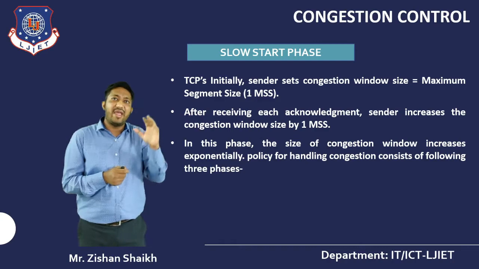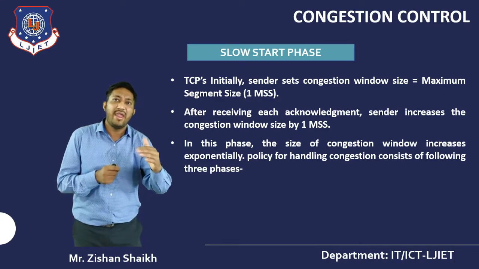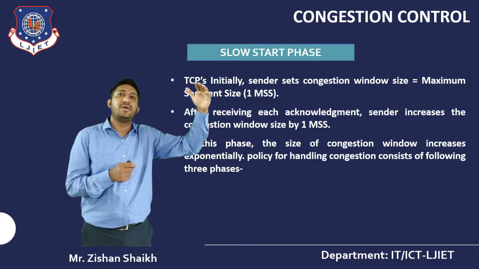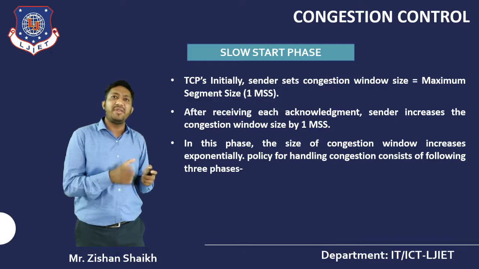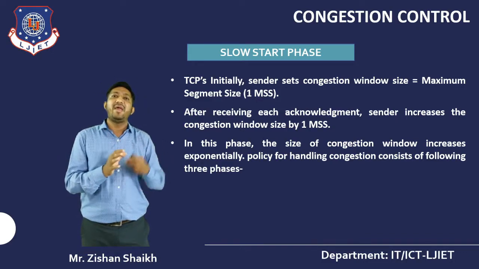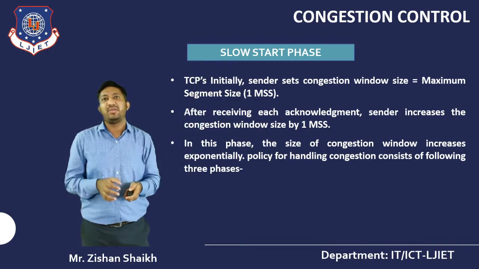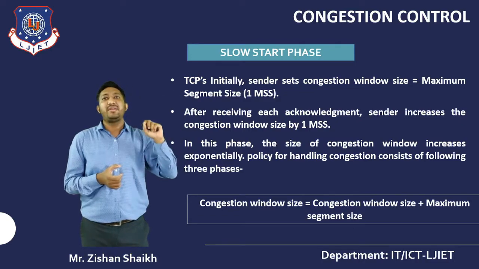Slow start, as the name says, starts with a slow flow and gradually increases the flow of our congestion window. In this phase, the size of the congestion window grows exponentially, in powers of 2.